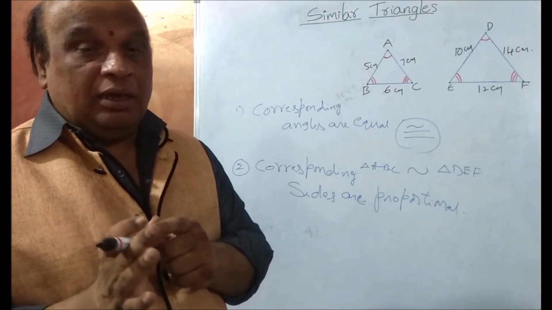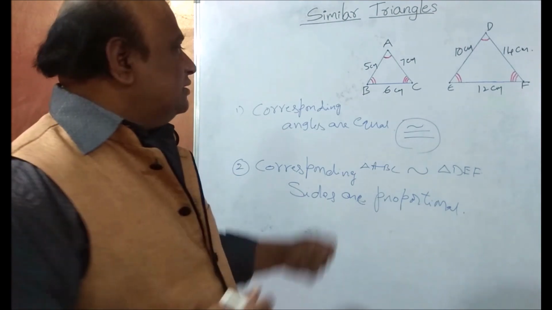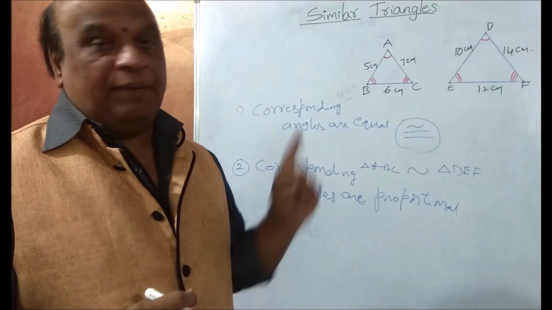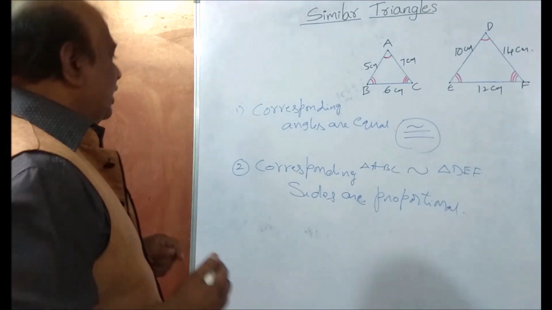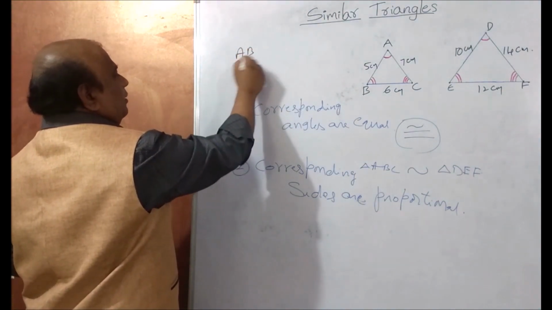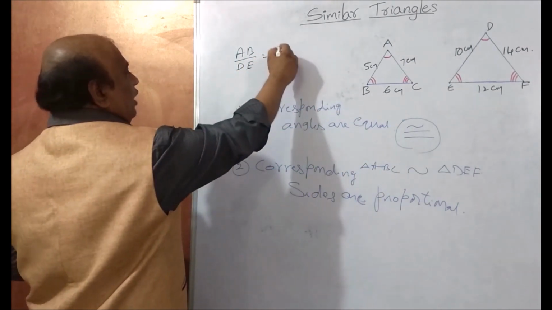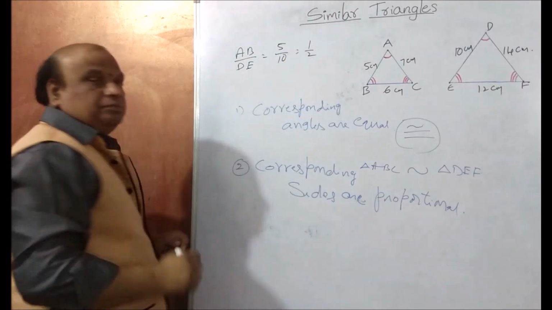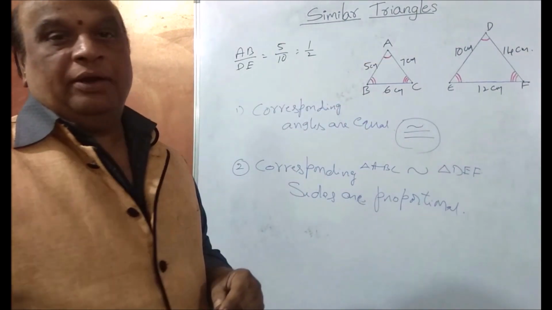Now you observe the ratio of the sides. What is the ratio of the sides? AB and DE are corresponding sides. What is the ratio? AB by DE is equal to 5 by 10. That is 1 by 2.